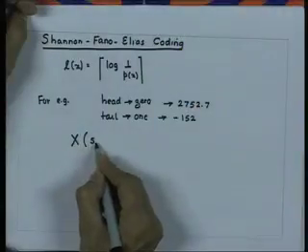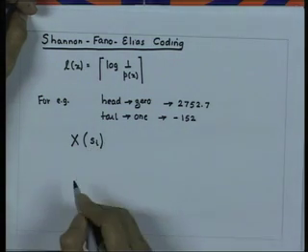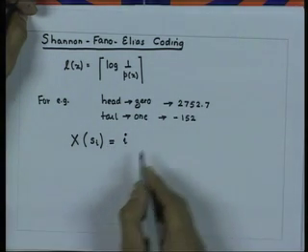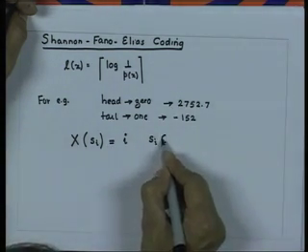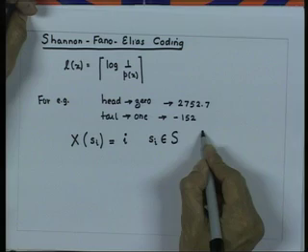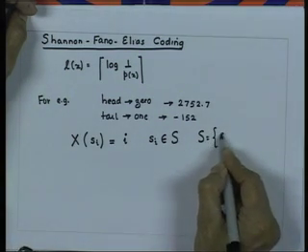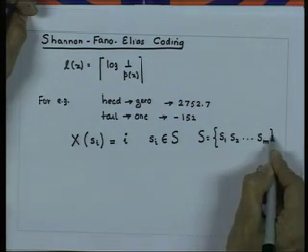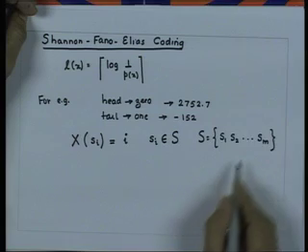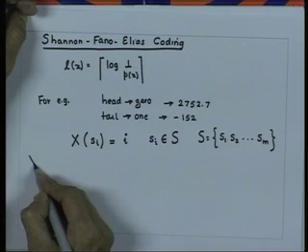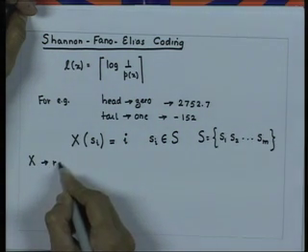The mapping is given by X, and it maps the source symbol or source letter SI to I, where SI belongs to the source alphabet. So, your S consists of source letters; this is a discrete source and X is a random variable.